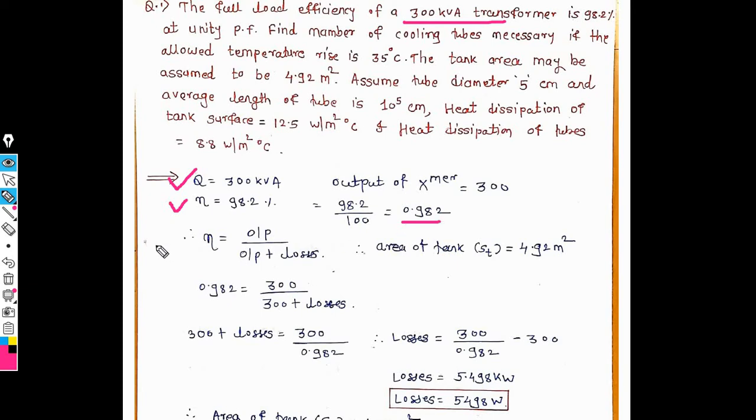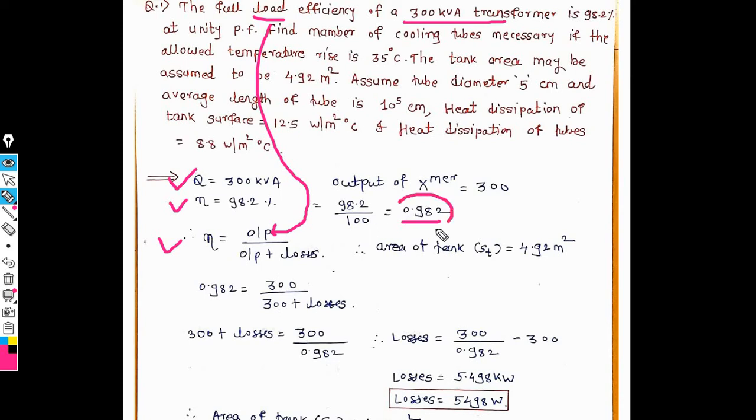The formula of efficiency of transformer is efficiency equal to output upon output plus losses, because in this we have to calculate full load efficiency. Load means depends on output.